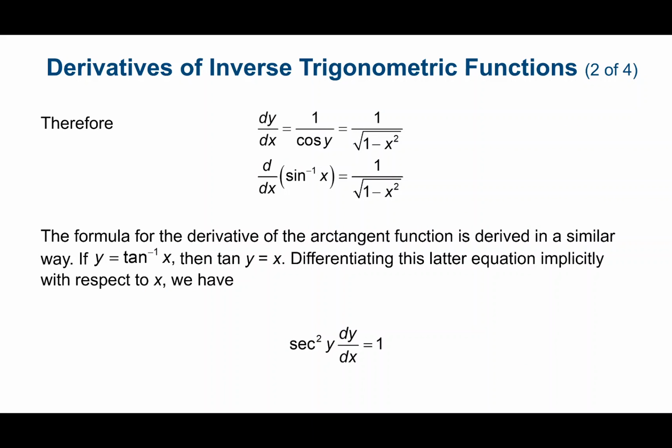That if we want the derivative of sine inverse, I get 1 over square root of 1 minus x squared. They just look like they come out of nowhere if you don't see any of the process of how you get there.